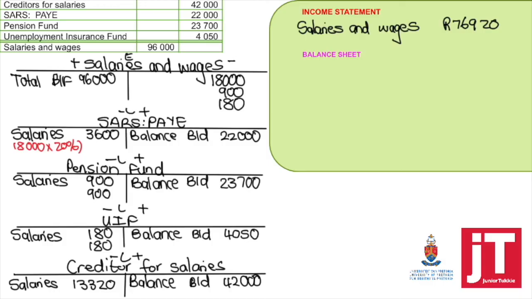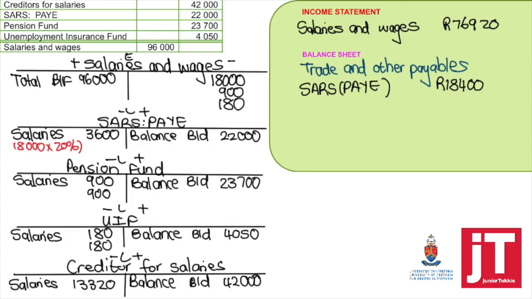Looking at completing it on my financial statements, if I start with the gross salary, salaries and wages, the total brought forward 96,000 minus 18,000 minus 900 minus 180 equals 76,920, and that's the amount that will appear in your income statement. In trade and other payables, SARS pay as you earn, 22,000 minus 3,600 equals 18,400.